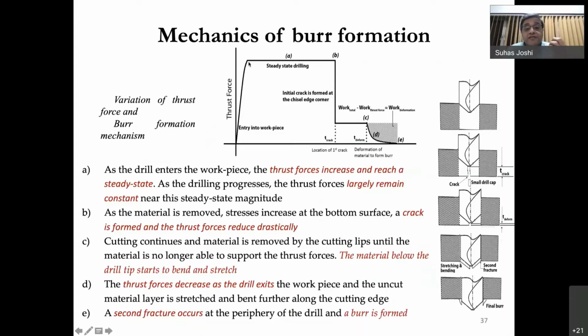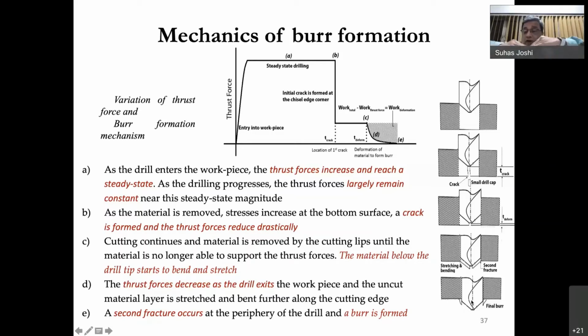If you take the thrust force, it remains steady up to a certain time, and then you are cutting on a small triangular portion here, and you are feeding the tool by a certain distance. Now this opens up and then this breaks.